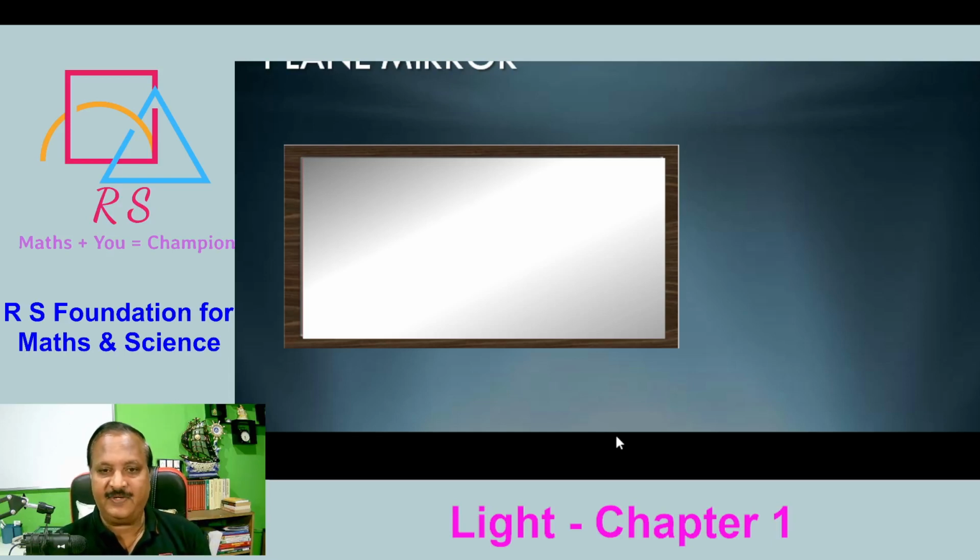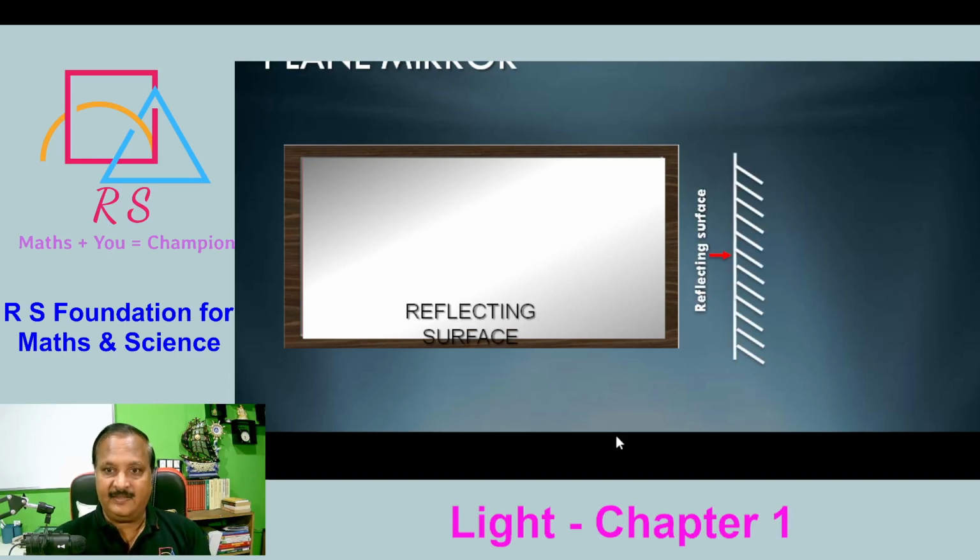There are two surfaces, so this is called the reflecting surface. The other side is the opaque surface, non-reflecting surface. You cannot see anything on the back side, so it is an opaque surface. So this is a simple plane mirror.